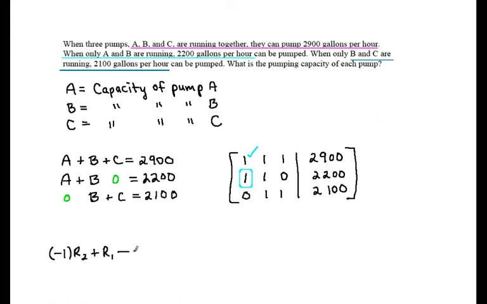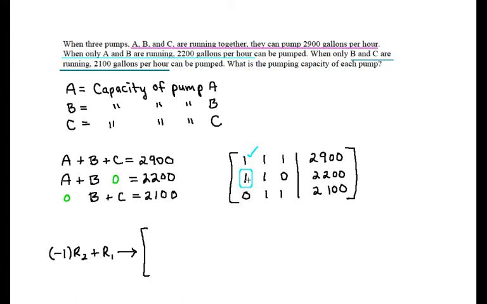Really, you can multiply either row by -1 and it'll work. I chose to do row 2 by -1 instead of row 1 just because I can see that this number is smaller, and that's going to avoid the unnecessary creation of negative numbers.